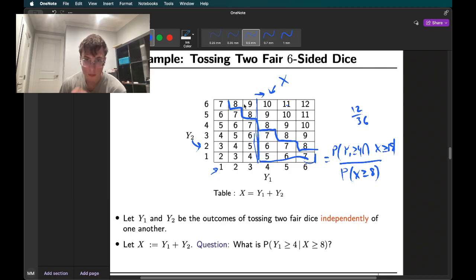And then on the bottom, the probability that x is greater than or equal to 8. How many squares are here? 1, 2, 3, 4, 5, 9, 12, 14, 15, I think. Hopefully I got that right. So 12 over 15, that doesn't sound right. Probability that y1... yeah, I think that's correct.